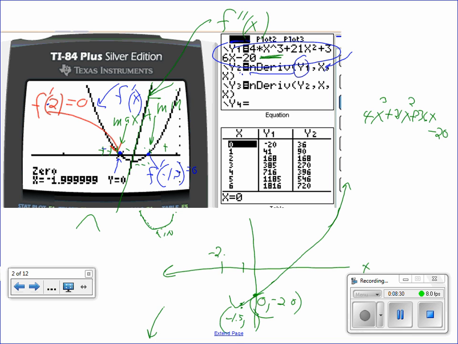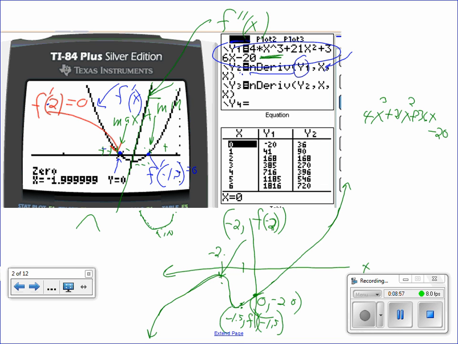Well, not to scale here, but at minus 2, I've got a maximum. So this point here must be minus 2. And then the function at minus 2. This is what the function at minus 1.5.